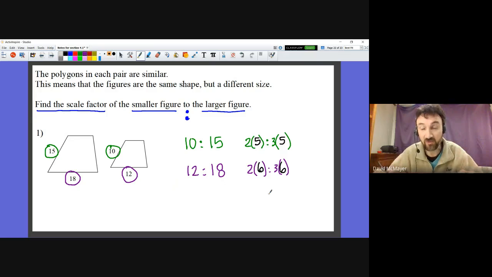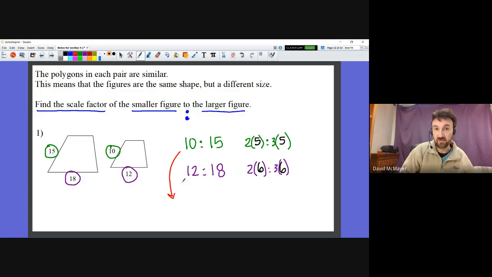You could think about canceling out those 6s as you're talking about the scale factor. It's not really reducing them, it's just writing it in a different way, okay? Another equivalent way of writing both of those scale factors is to say a 2 to 3 scale factor.